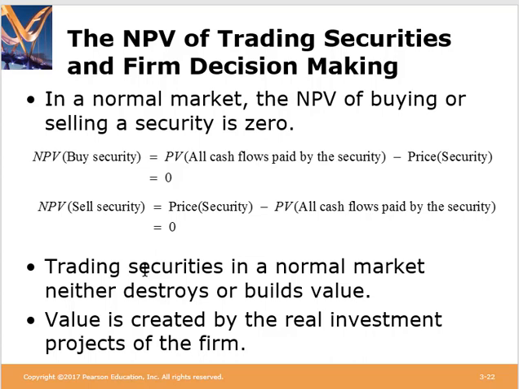So let's kind of think about that. When companies are issuing and selling stocks, the process of issuing stocks to the public does not create value. So where is value created? Value is created from the investment of those cash flows by the company. Both sides believe they're getting a deal.